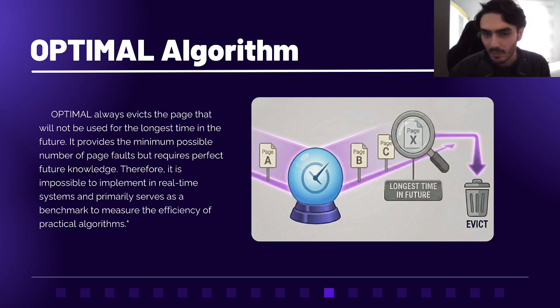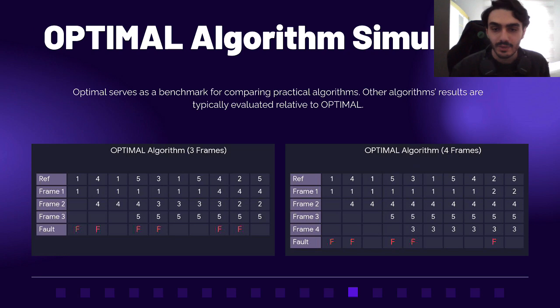Since this is impossible in real-time systems, we use optimal purely as a benchmark to measure the efficiency of other practical algorithms. As you can see in the simulation, optimal serves as our target benchmark. We evaluate all other algorithms based on how close they can get to these results.